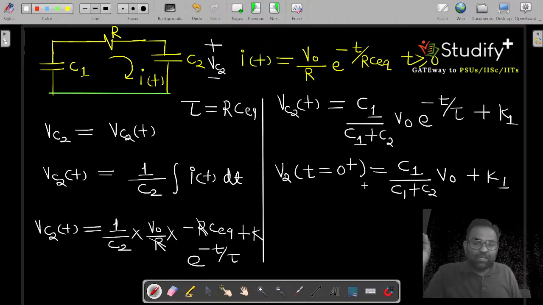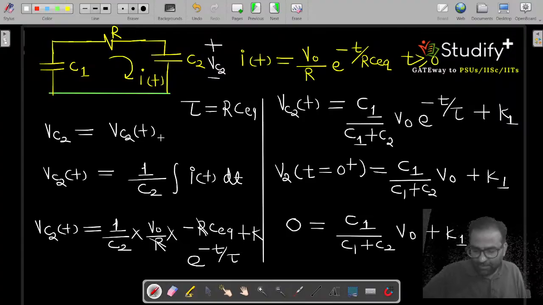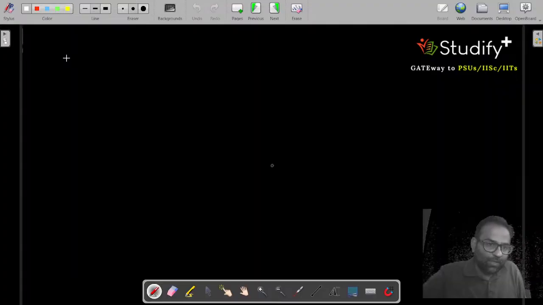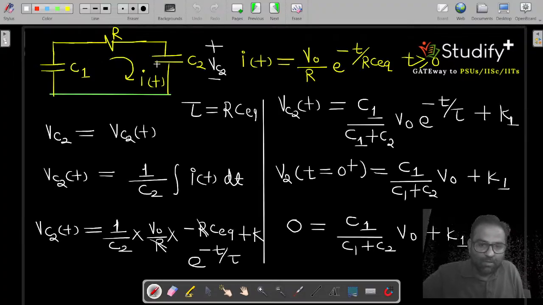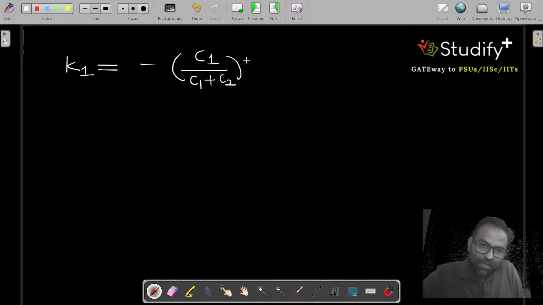If the initial condition for capacitor C2 is 0, then 0 equals C1 divided by C1 plus C2 into V0 plus K1. So we can find the value of K1 from here, and the value of K1 is minus C1 divided by C1 plus C2 into V0.